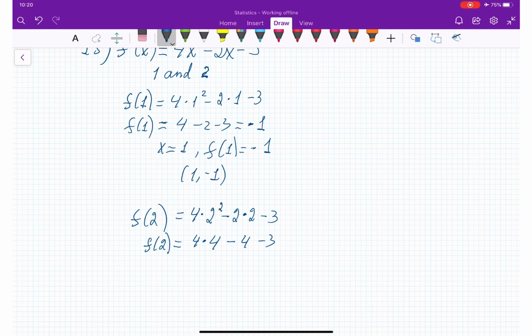Which is equal, let's see, 4 times 4 is 16. 16 minus 4 is 12. 12 minus 3 is 9. So it's equal to 9, which means when x is equal to 2, f of 2 is equal to 9. So the coordinate is going to be 2 and 9, right?